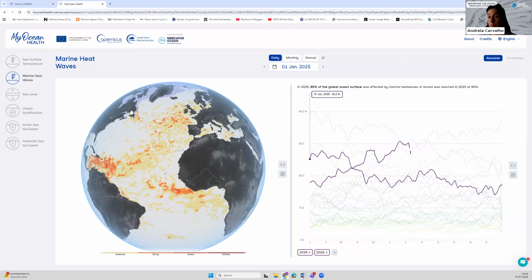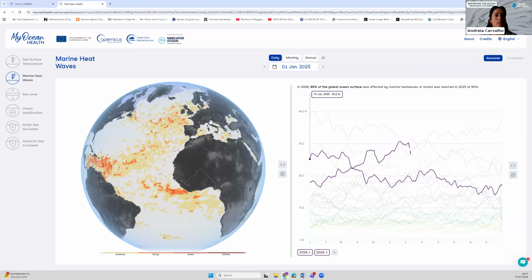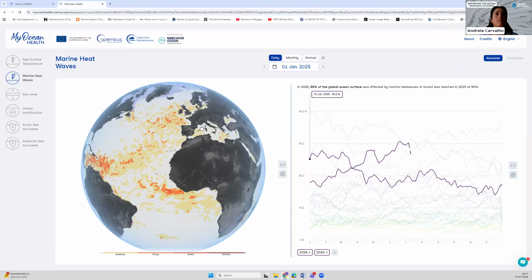And we know that they are becoming more and more frequent, intense, and more widespread. Marine heat waves are extreme events in temperature that can happen between 5 days to several months. They have several impacts on ecosystems directly, but also on society, on weather patterns. So they influence a huge range of sectors.